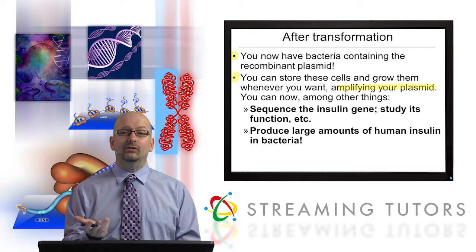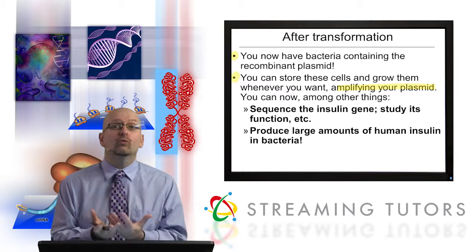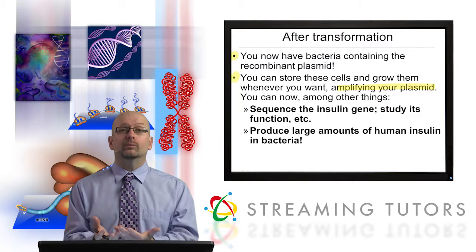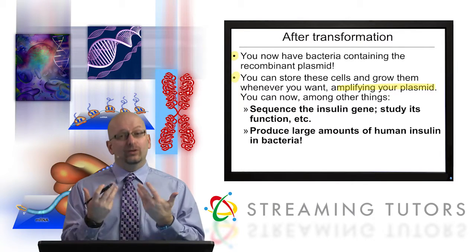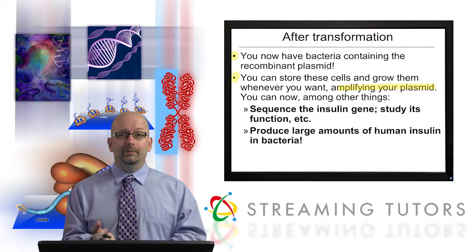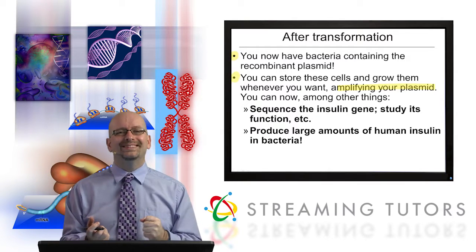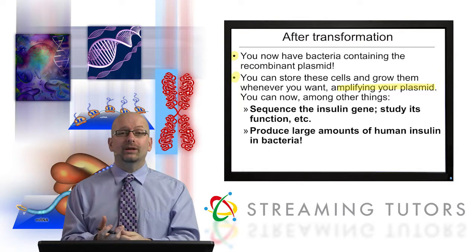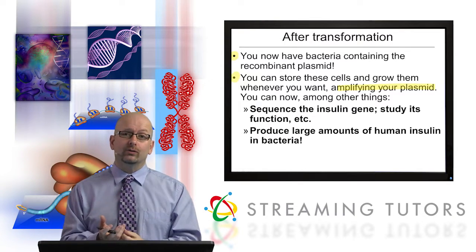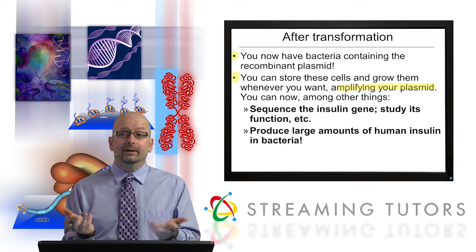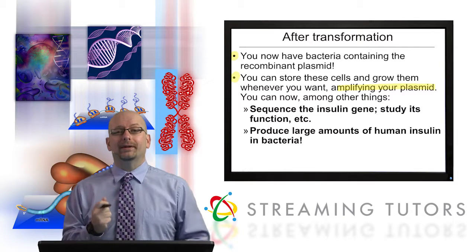It may not sound that exciting, but if you're doing research on the human insulin gene, you need a reasonable quantity of that DNA, and you may need it over and over again to do your research. So you come in one day and take a few cells like this, grow them up. Bacteria can go from 1 cell to 1 million in a very, very short time period. So when they do that, you just made 1 copy of your human insulin gene into 1,000,000. And now you can, quote, do things with it.